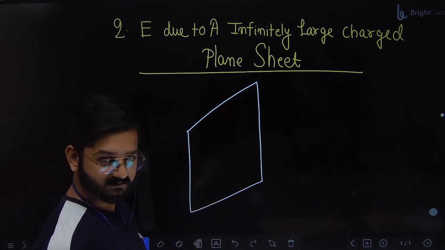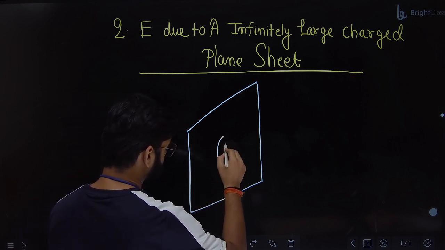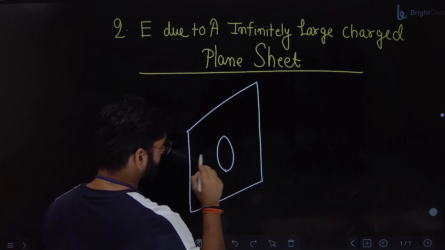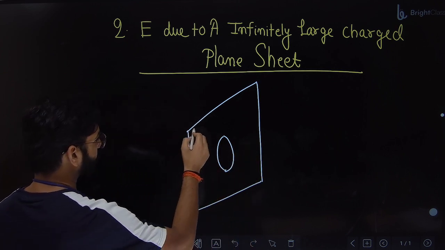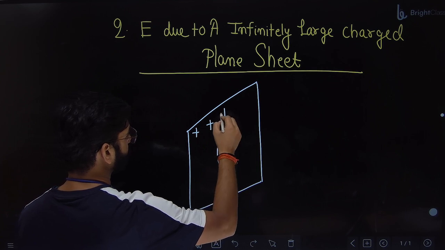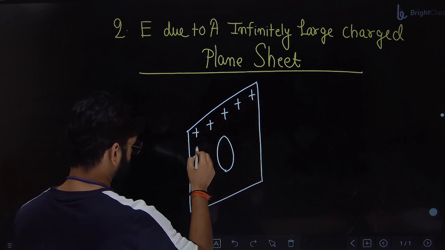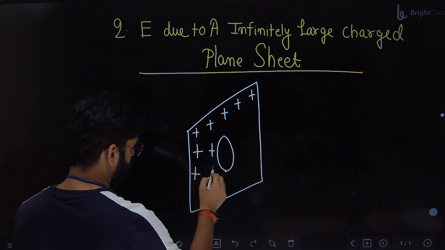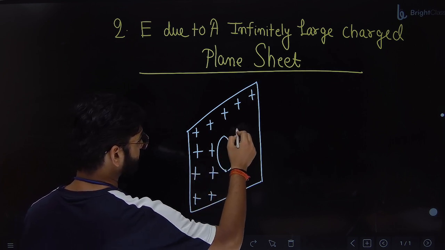We'll consider positive. Now, we'll put positive charge on this. I will tell you why I made this circular cross section here.